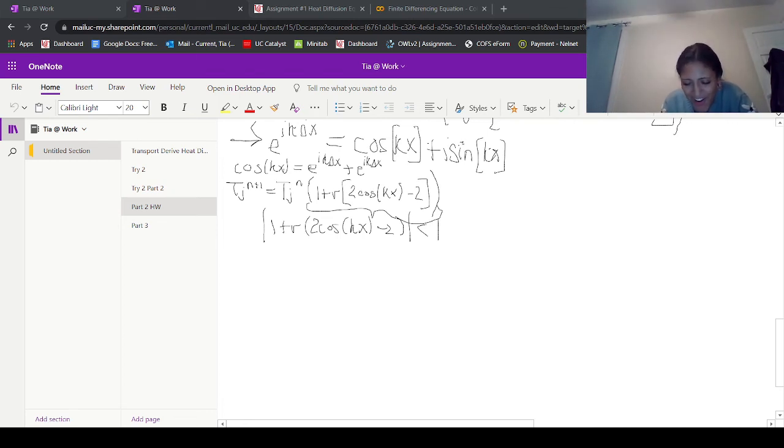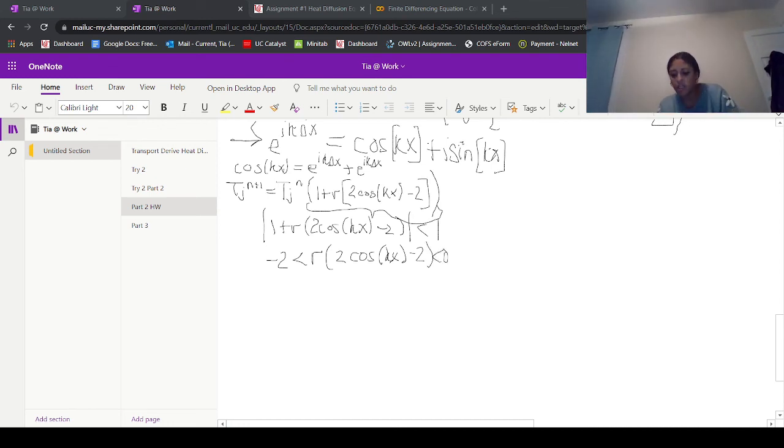Okay, so our next part is to realize, well, we have a -2 here. We have less than r, then we still have that 2 cosine of kx, and we have the minus 2 is less than 0. Because you take that 1 and you just subtract to the other side.